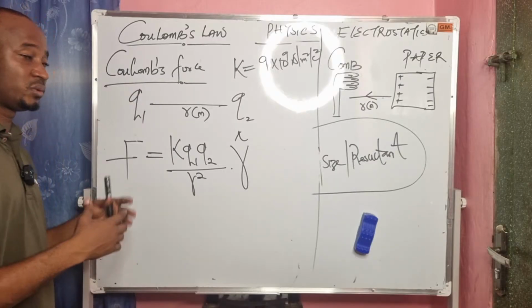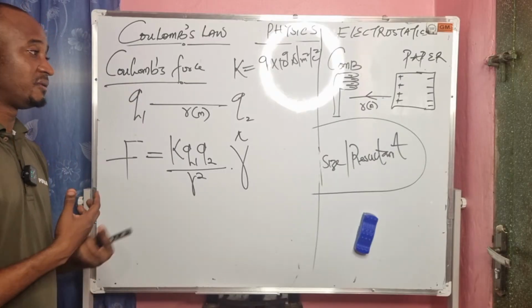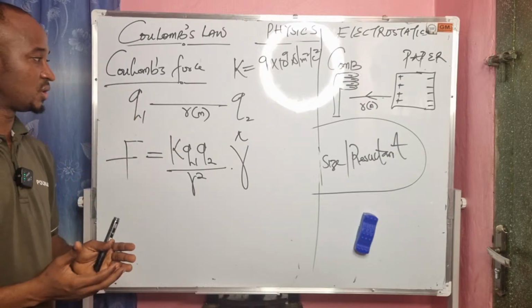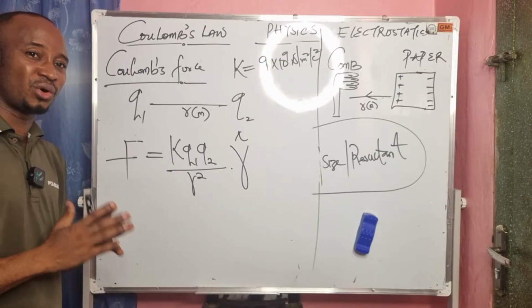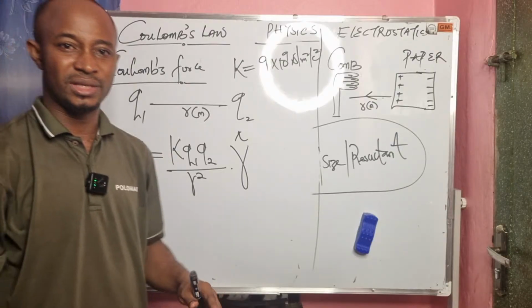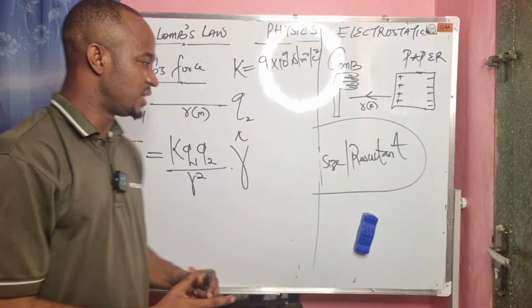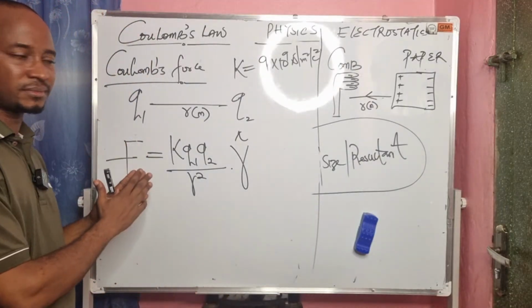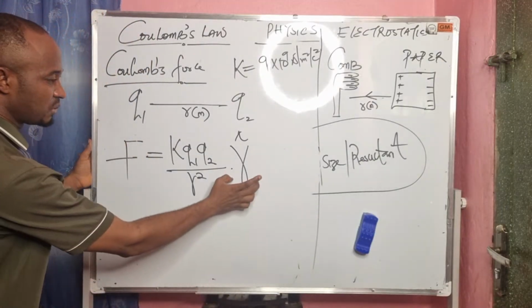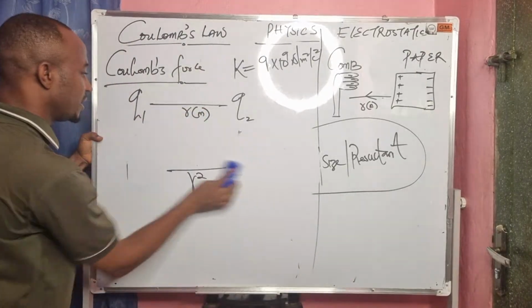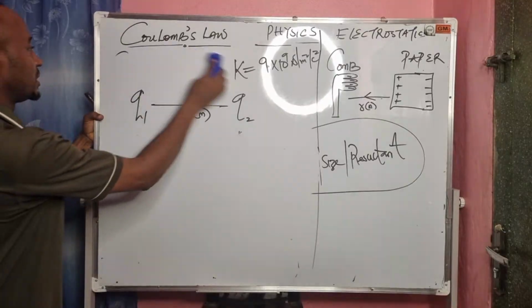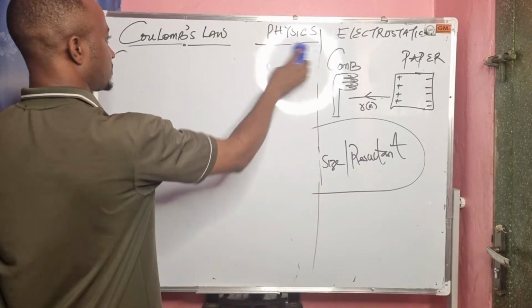If you are given two charges and asked to find the resultant force on a particular charge, the direction of action is towards what? Charge 1. Okay, so this represents what? Unit what? Vector.